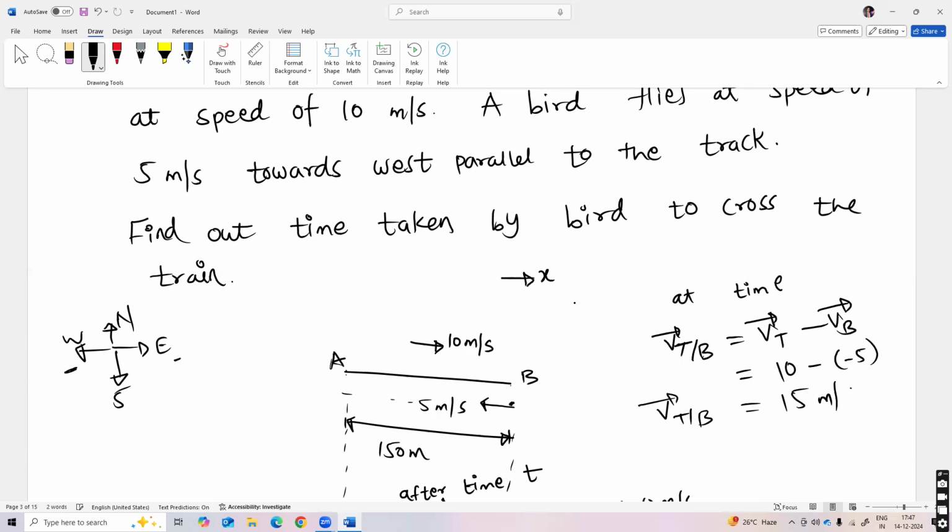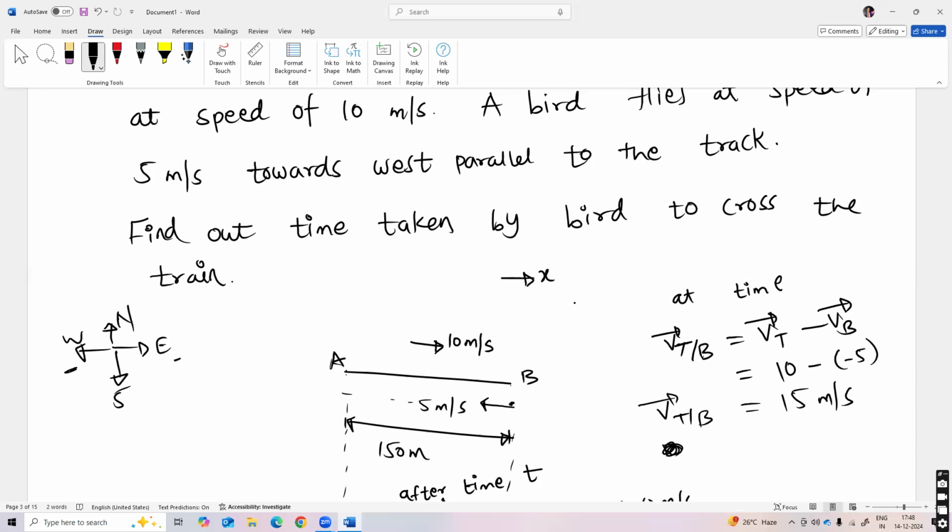per second. And when we say relative velocity of the train with respect to the bird, this is the velocity of the train when the bird is stationary. So if the bird is stationary, the train will have to travel 150 meter to cross the bird. Again, we know that distance is equal to speed into time, or displacement is velocity into time.